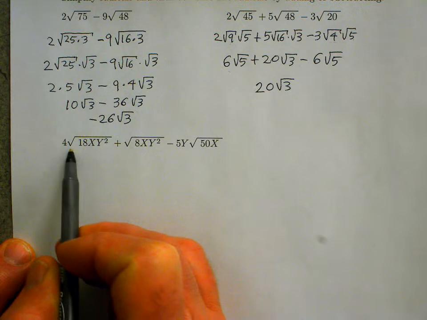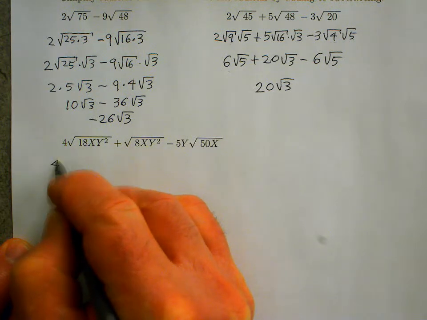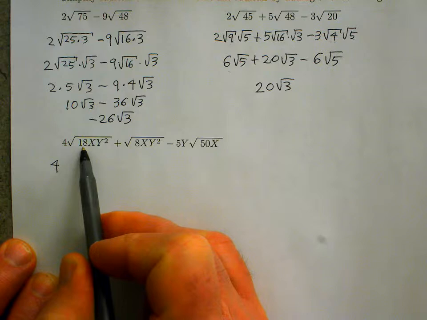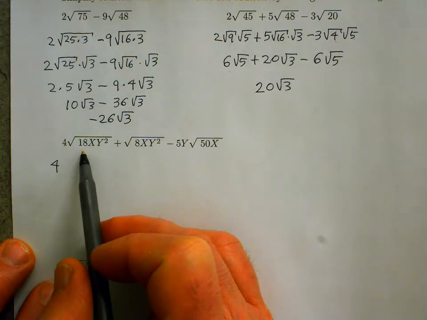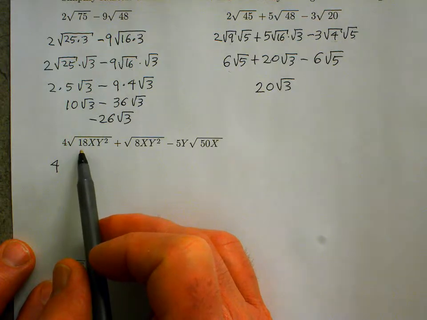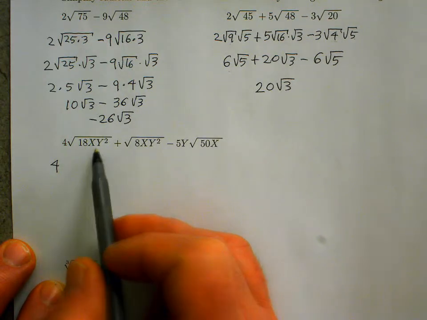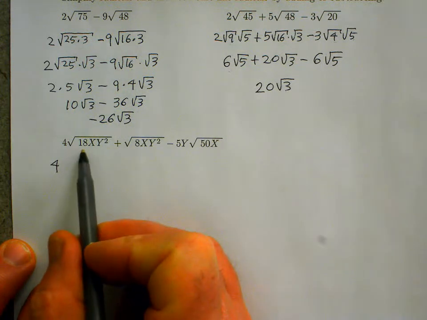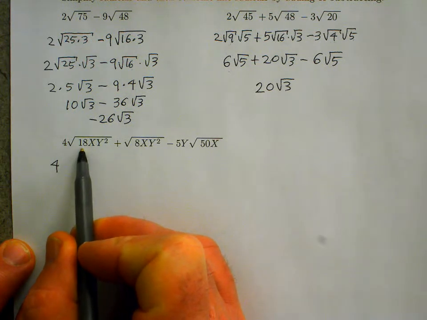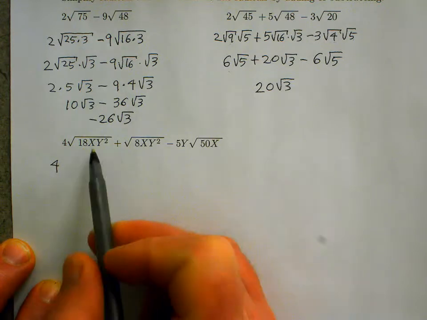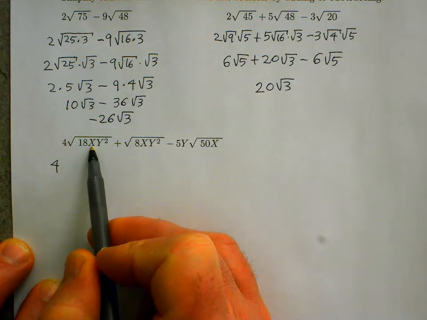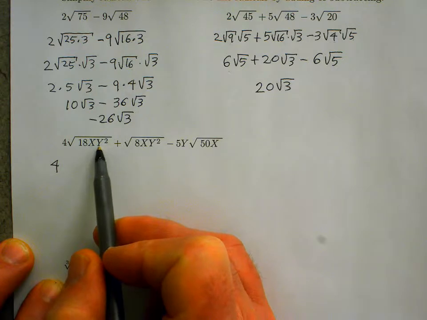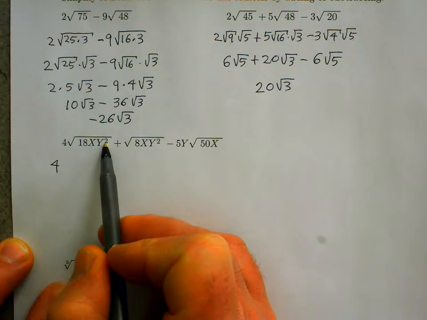Okay, so to simplify the square root of 18xy to the second, we want to identify factors of this radicand that are perfect squares. 9 is a factor of 18, and 9 is a perfect square. 9 times 2 is 18. The square root of x cannot be simplified, but y to the second is a perfect square.